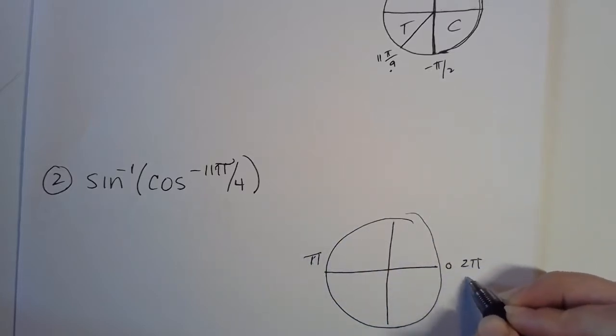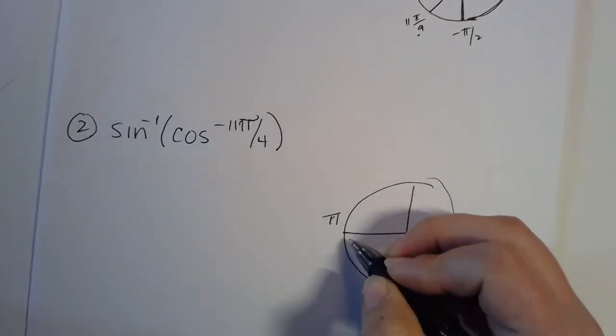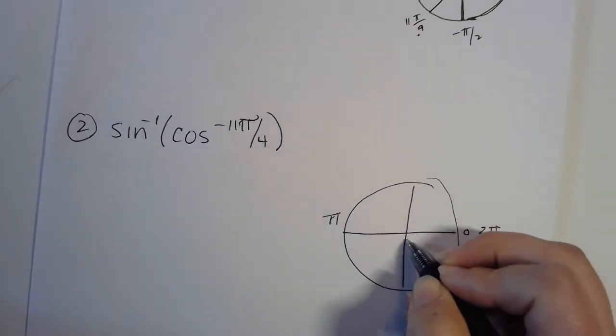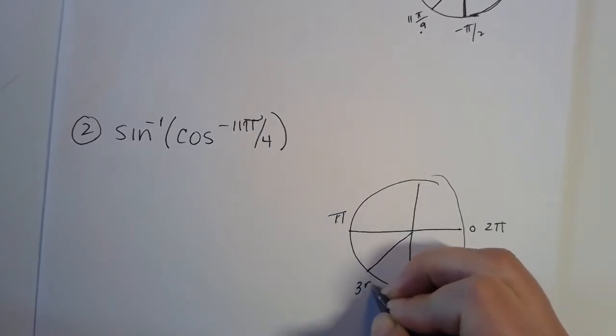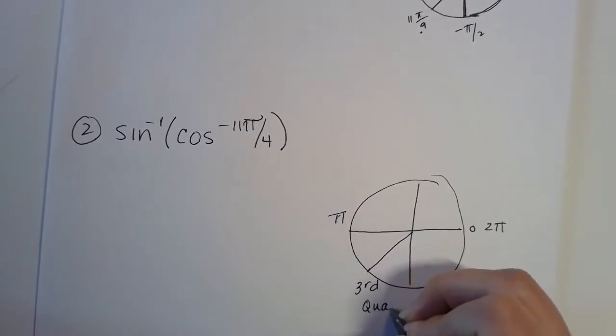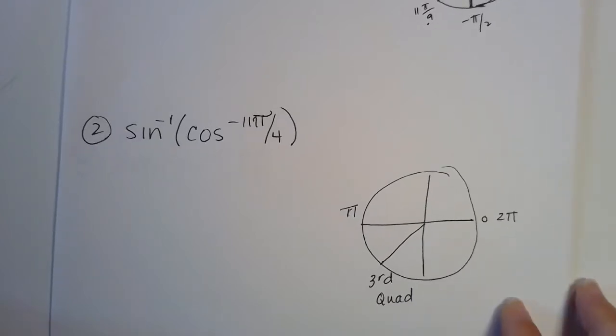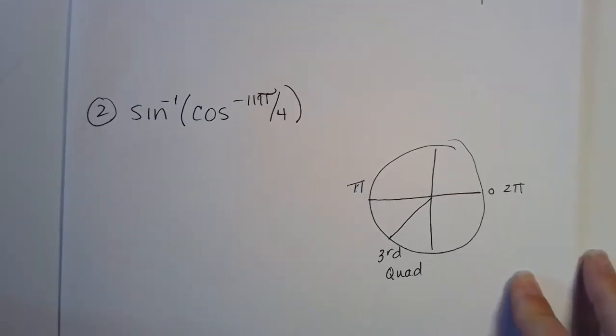And so negative 3 pi would be here, but I was 1 short. So that means I am right here. Okay, so I am once again in the third quadrant. Now both sine and cosine are negative in the third quadrant, okay? So that's a good thing to know. So I know that my cosine value will be negative.